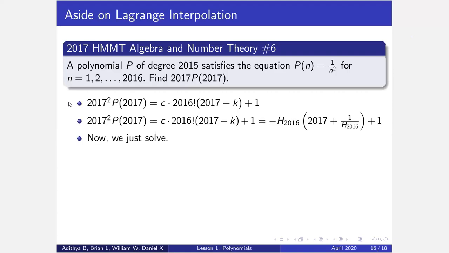Now we plug these values of C and K back into our original expression for Q of X, and then we can plug in 2017 to get the answer.